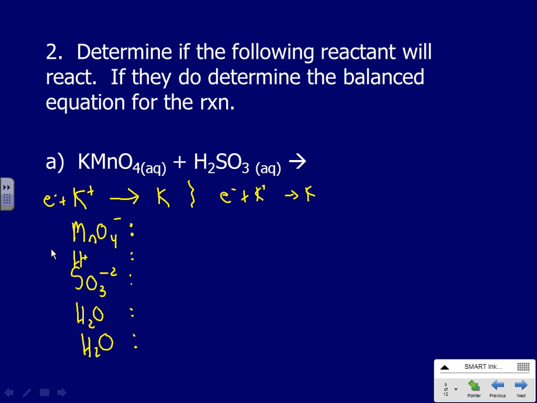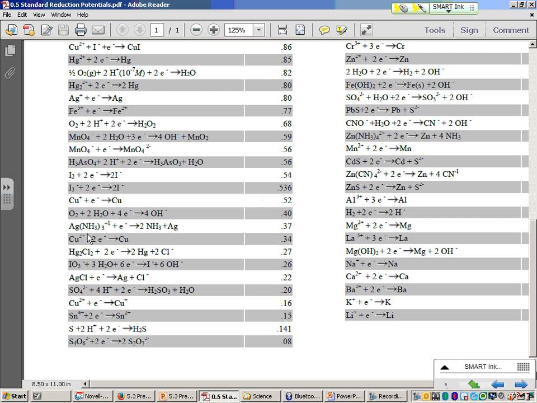Okay, makes sense? Let's go hunting for the MnO4. Now, it can be on either side, all right? And it can't have anything other than an H plus or an OH, those types of things. So take a look here. I have an MnO4 with some waters, right? That's a good one. That would count.